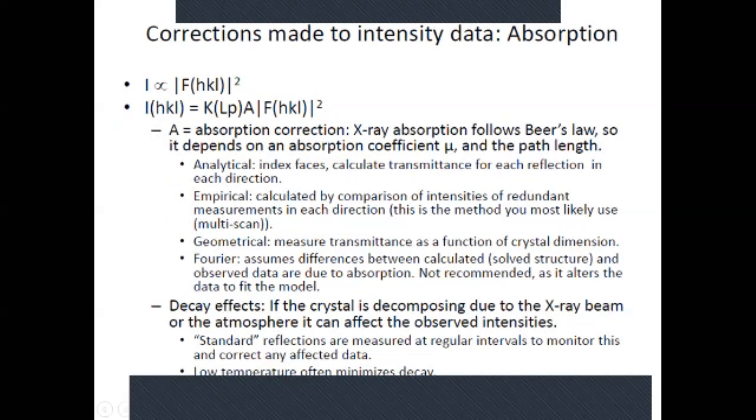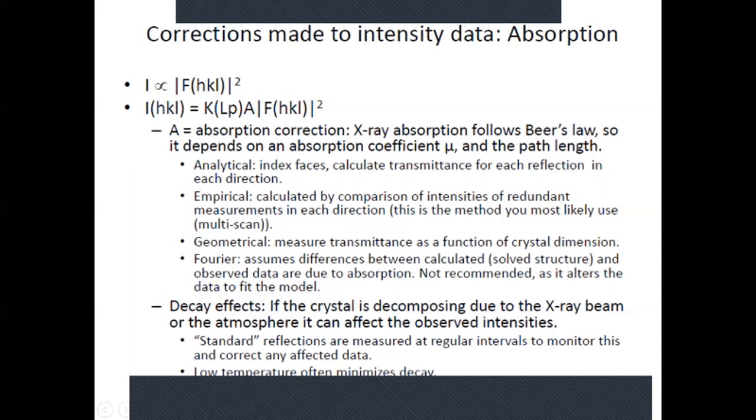And so A is probably the most important one. It's the absorption correction. And there are many different ways to account for the absorption correction. And this follows Beer's law. So it has an absorption coefficient called mu and the path length.